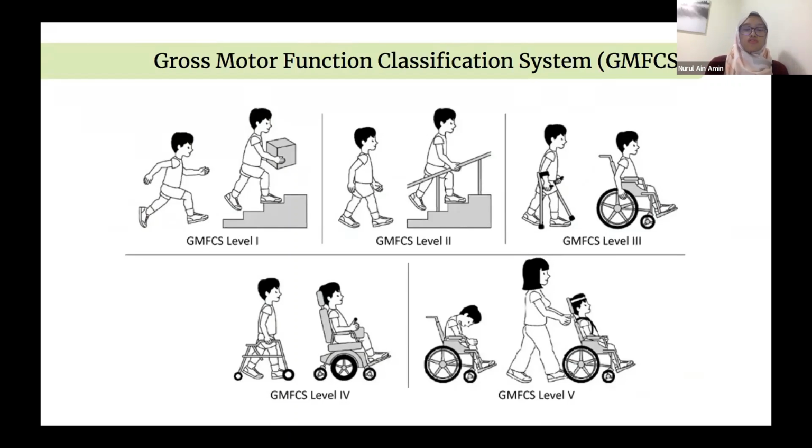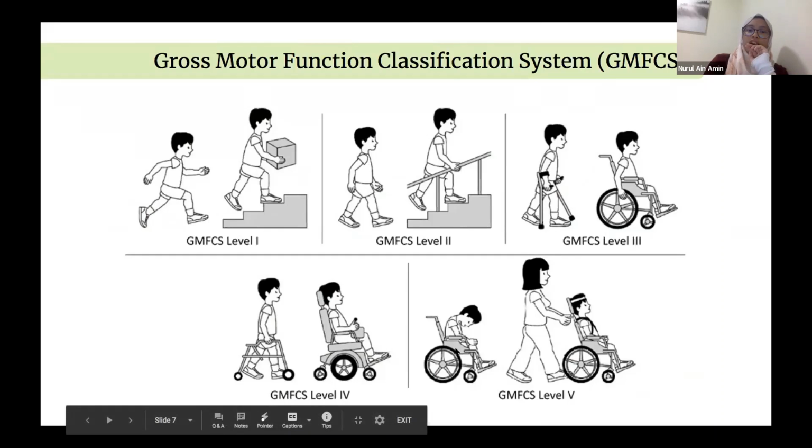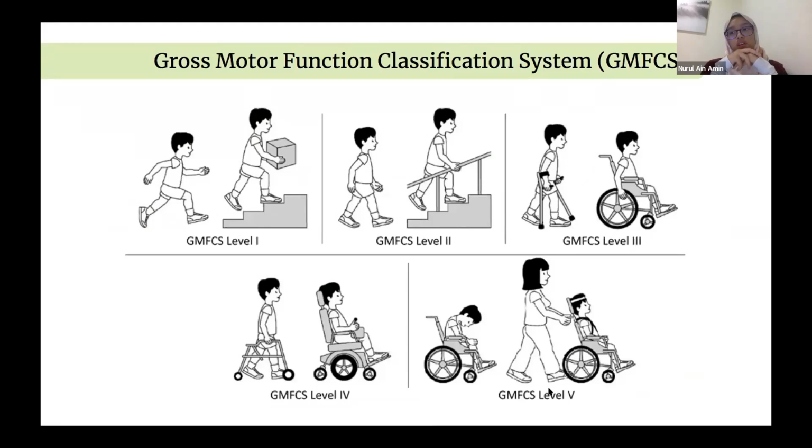Level 4 is usually where you need powered mobility assistance and supported sitting, as you can see, they use the electric wheelchair. And lastly, level 5, where there are basically severe head and trunk control limitations, so you need self-mobility by powered wheelchair.